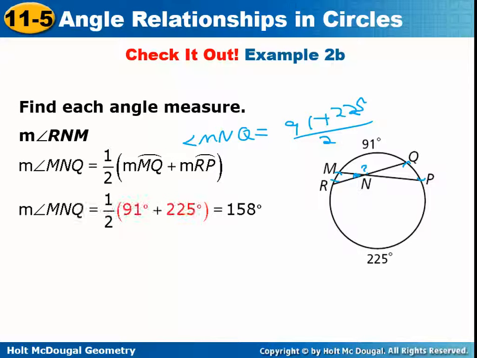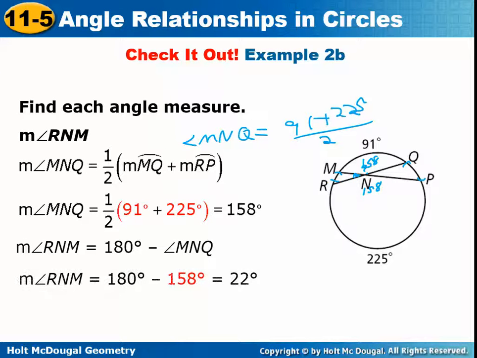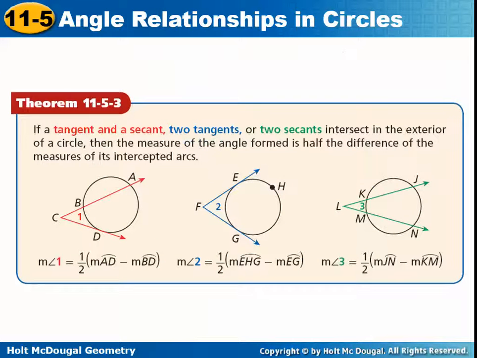So that is 158, which means this is 158. And then we can use a linear pair or supplementary and subtract from 180 to get that the measure of angle RNM is 22 degrees.